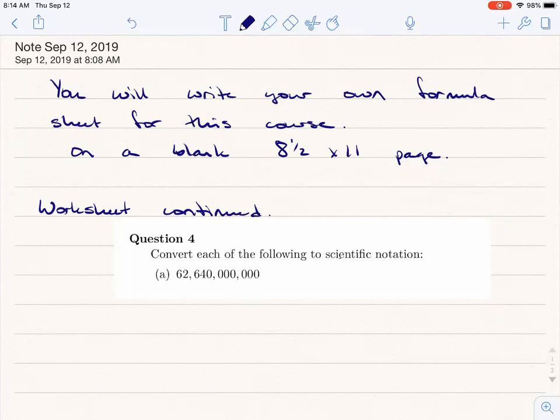Now, for the next 4 parts, this will all be for review on the scientific notation worksheet. Remember I was showing you where the extra practice problems were? So for question 4 and 5, those are all practiced on the scientific notation one, of course.